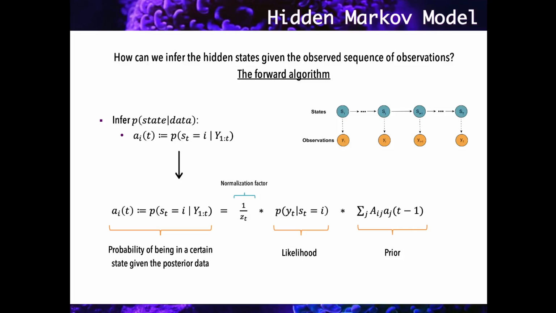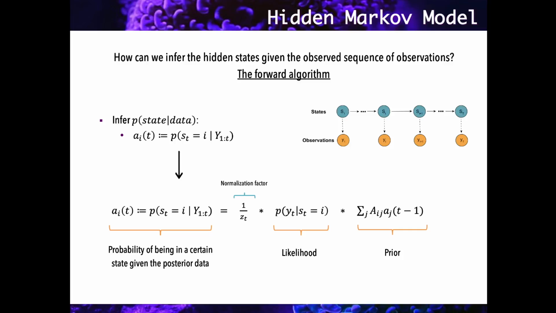Likelihood, in this case, is the probability of a specific observation being caused by a specific state, which, as I told you before, is usually a probability that we can easily get from our data.